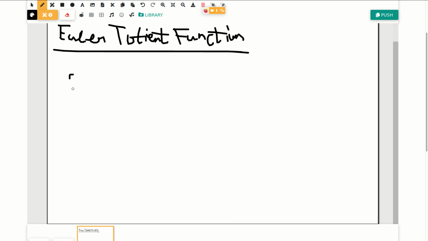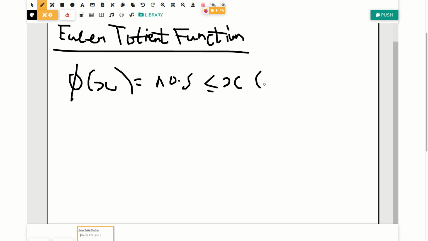The function is written like this, phi of x, and it's defined in a pretty simple way. Phi of x is the number of numbers less than or equal to x which are co-prime to x. That means they have a GCD of 1 with x.